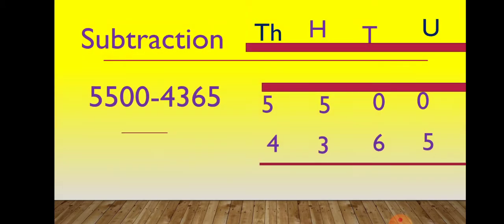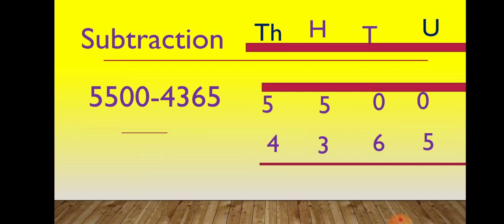Last time we learned subtraction of 4 digit numbers from 4 digit numbers. Now let's take a revision. First one, read this sum. 5500 minus 4365 means you subtract 4365 from 5500.